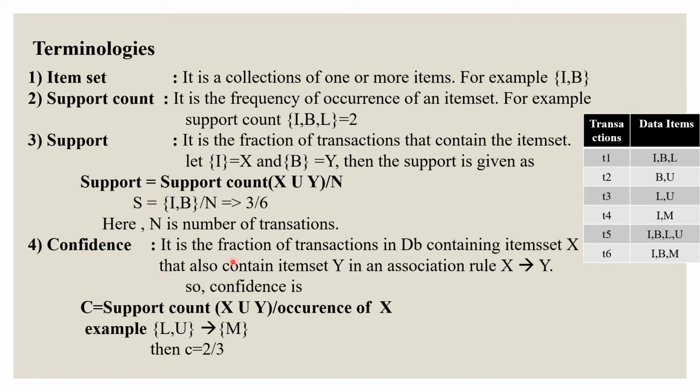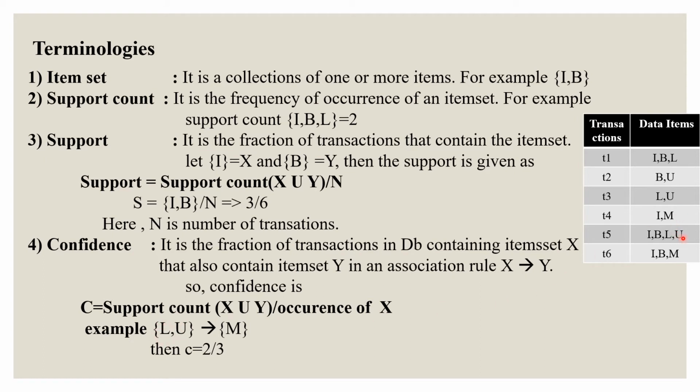What is confidence? We will see it with an example and a formula. Confidence C is equal to the support count of X union Y divided by the occurrence of X. For example, let us take L comma U. How many times has it occurred?